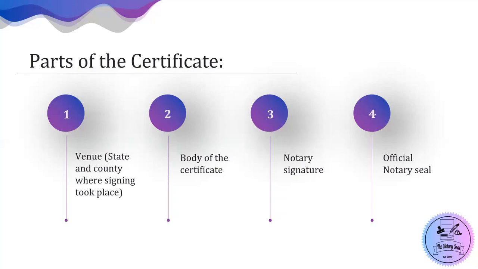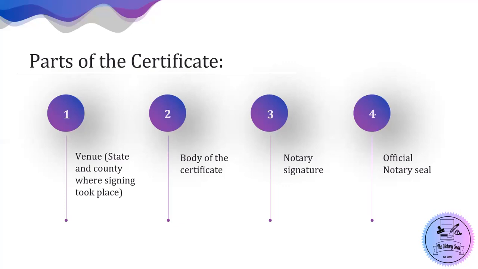It should also have a body. A body is usually like a paragraph where it speaks to the date it's being signed, who's signing, sometimes what was verified. Every one will be a little bit different. I'm going to give you an example of one, but the language will change, but it still has those basic components.